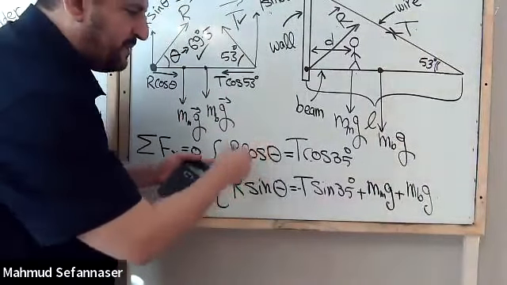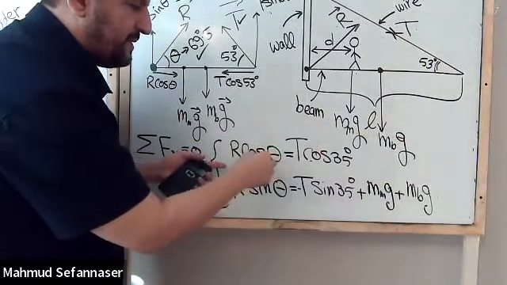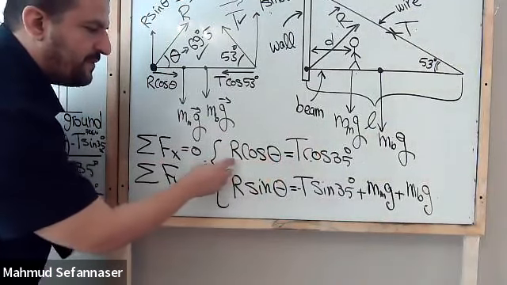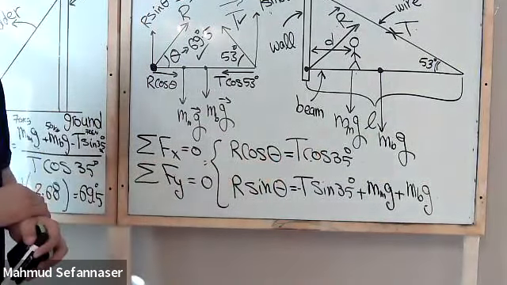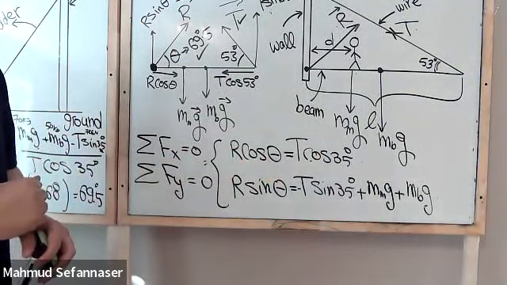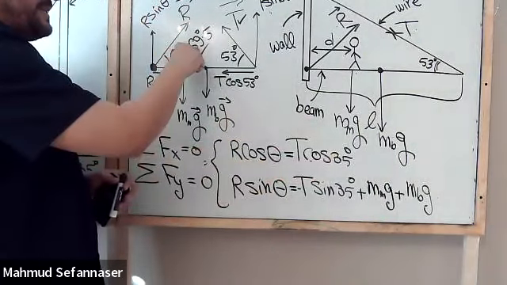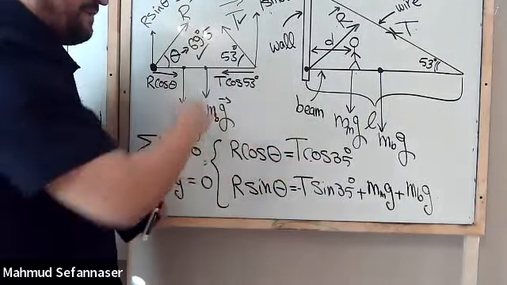It's a good idea now to come to this equation right here and try to solve for R. So how can we do that? Just divide both sides by cosine 69.5, and that will give you R.